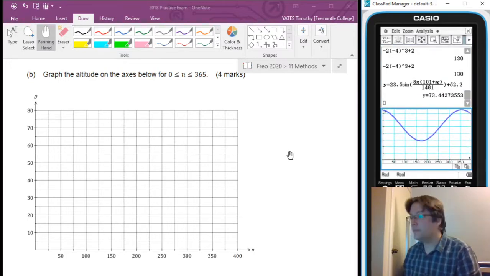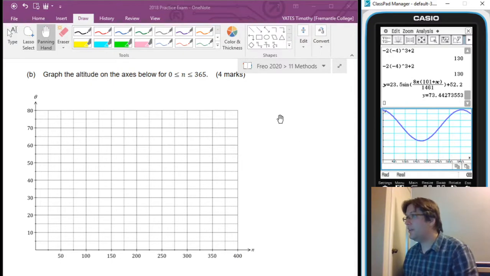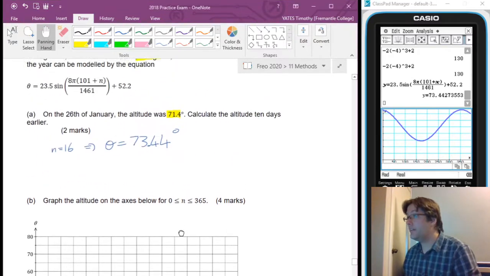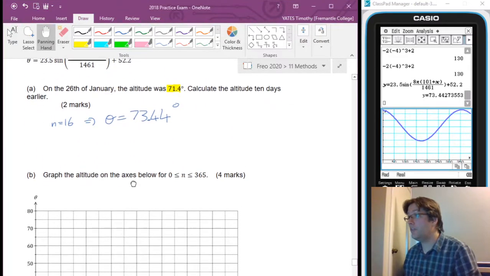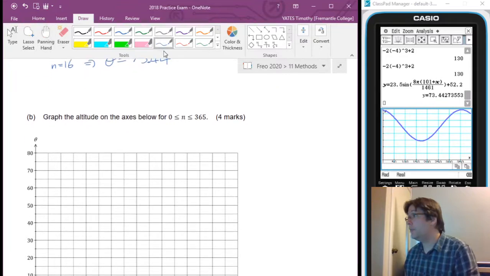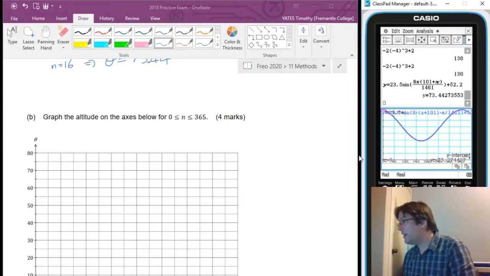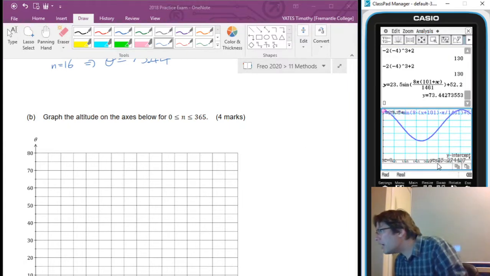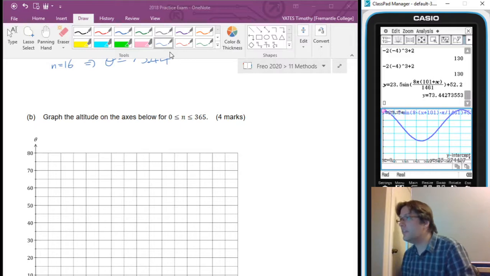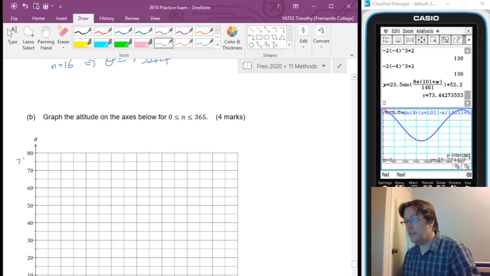Okay, that's looking good. So when we're graphing it, we want to find our starting point. Our starting point is going to be 52.2. Or will it? Let's find out. It might be, but it might not be. So the Y-intercept says 75.37. So we're going to write that up here, 75.37.